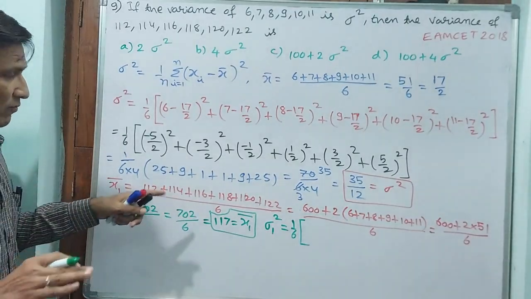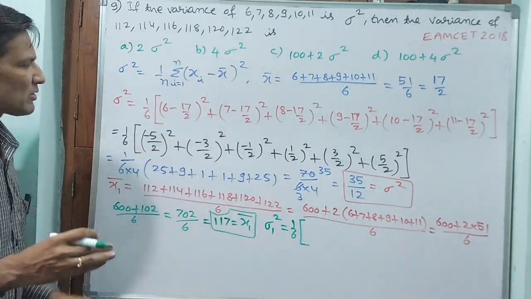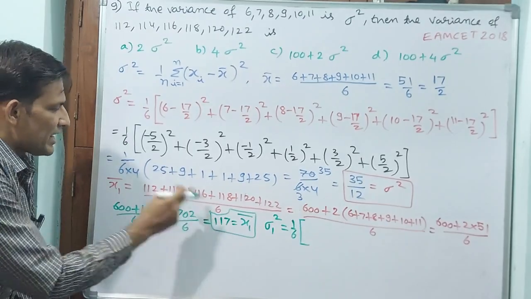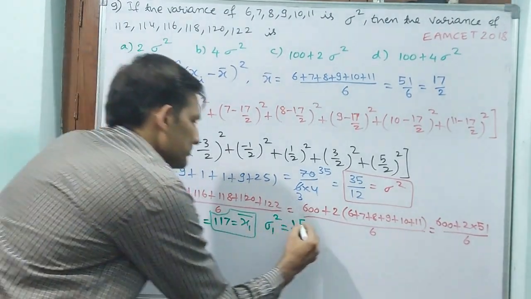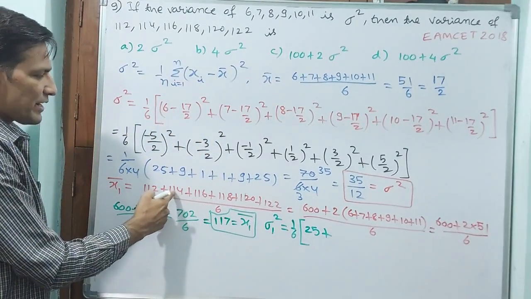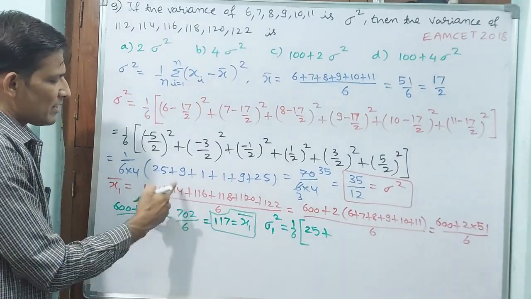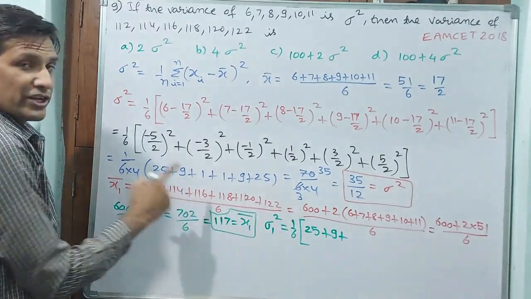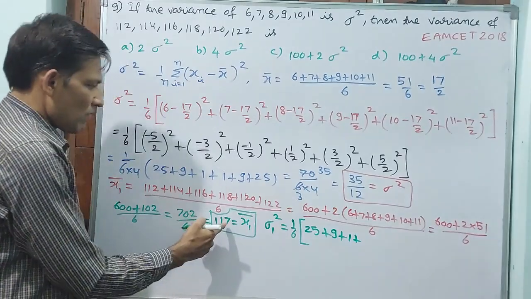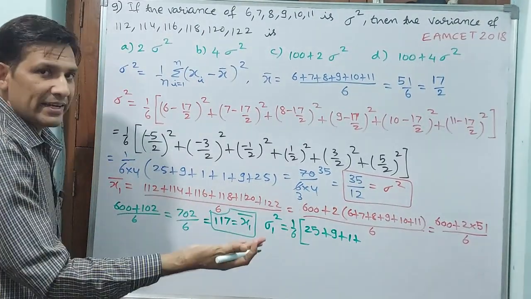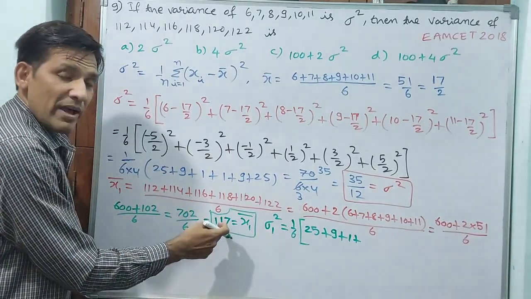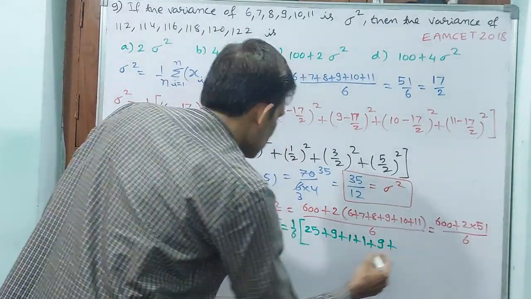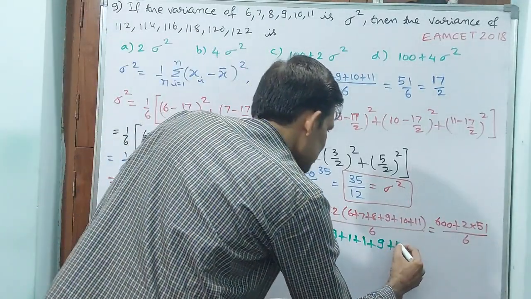Now you see, one step I am jumping, because here we have done it slowly and that much slowness we don't require. 117 is there; here what was there? 112. 117 minus 12 you do, 5. 5 square 25. 117 minus 14, 3. 3 square 9. 117 minus 16, 1. 1 square 1. 118, this time you minus this, because we are squaring, minus or plus both are the same. 18 minus 17, 1. 1 square 1. 20 minus 17, 3. 3 square 9. 22 minus 17, 5. 5 square 25.